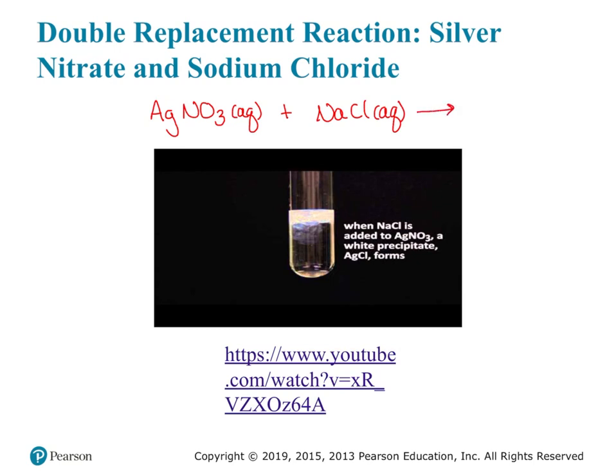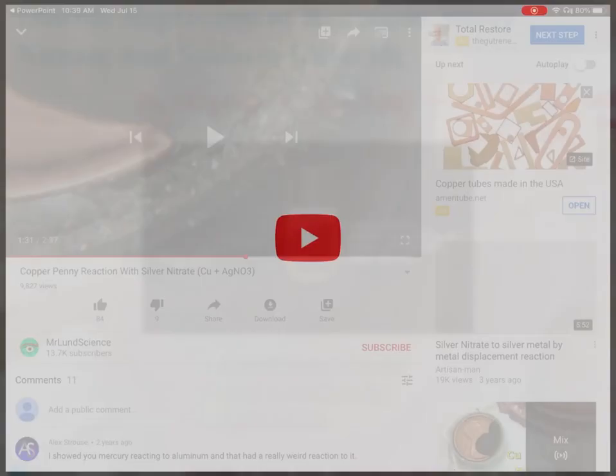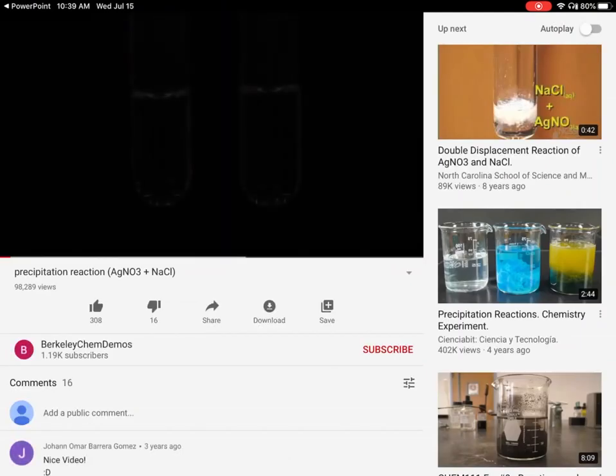But when they mix, we end up with AgCl, which is actually a solid, and that's our precipitate. And then NaNO3 is just going to be aqueous, so just dissolved in the water. So let's watch what happens when that occurs.